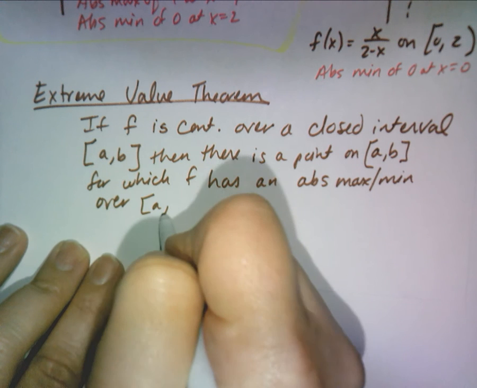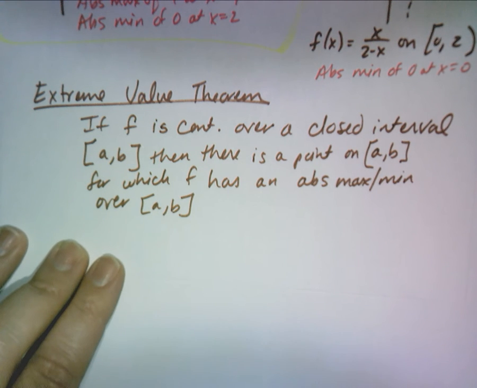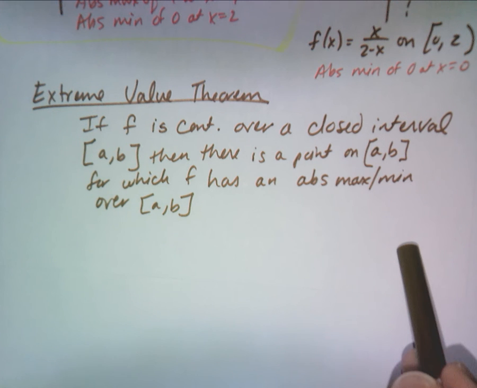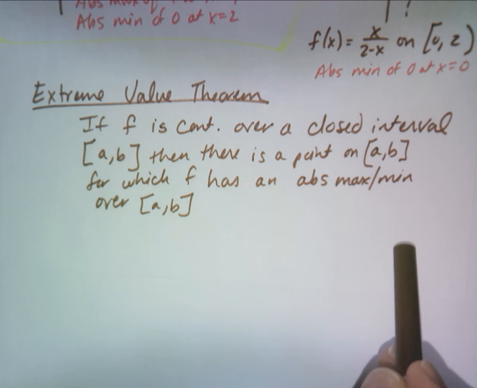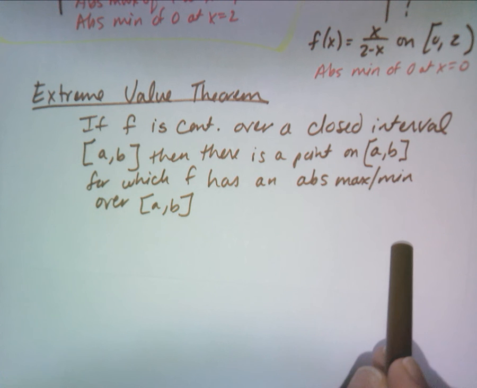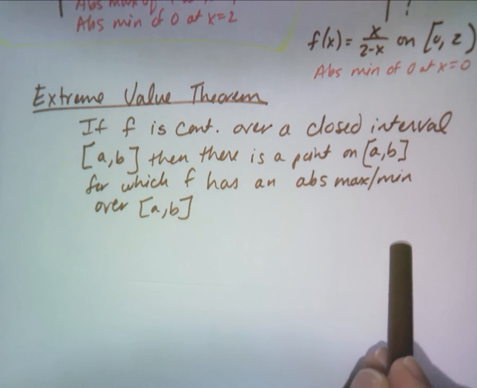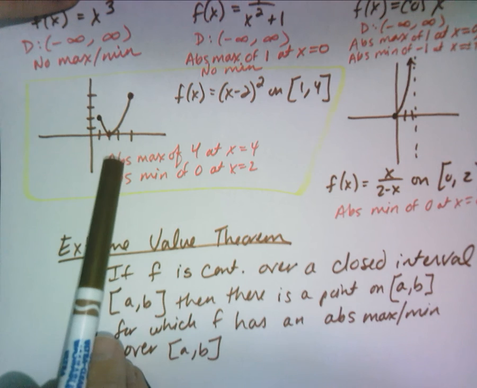So the extreme value theorem says that if you've got a continuous function, so there are no jumps, no gaps, anything like that, and you're on a closed interval, then there's got to be a point where you have an absolute max and an absolute min. And we saw this in this picture, did we not?